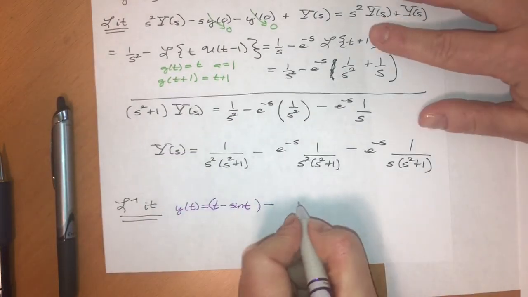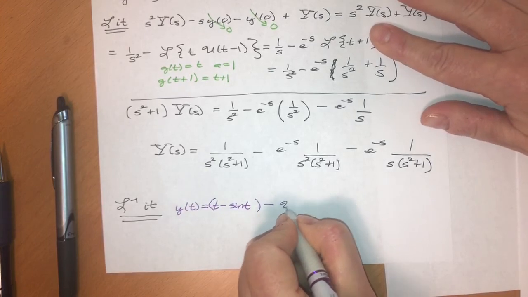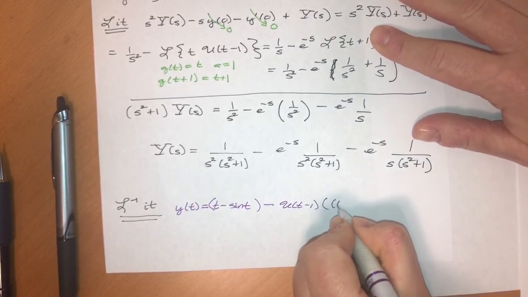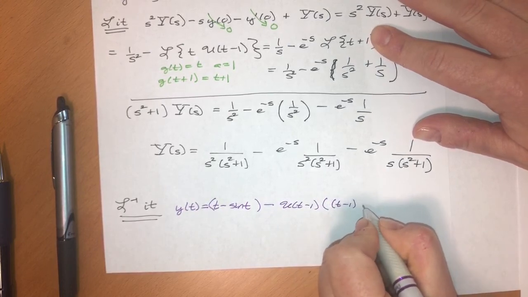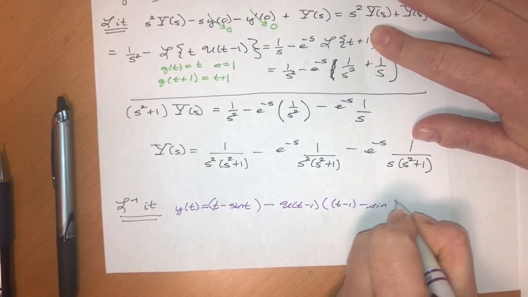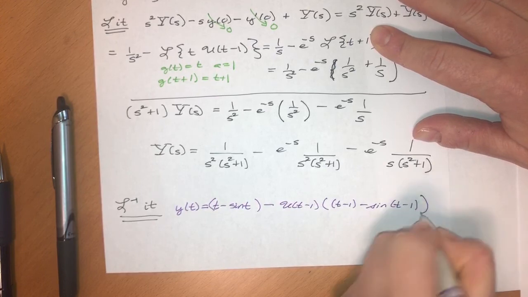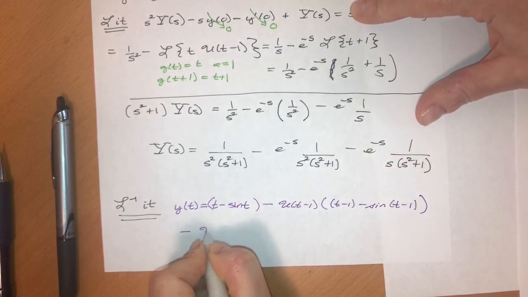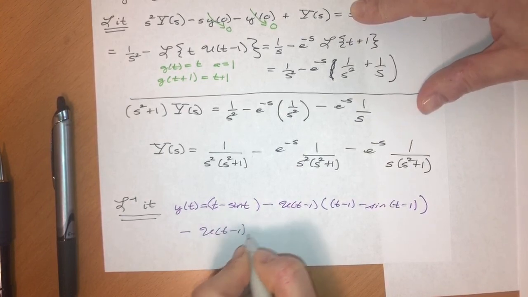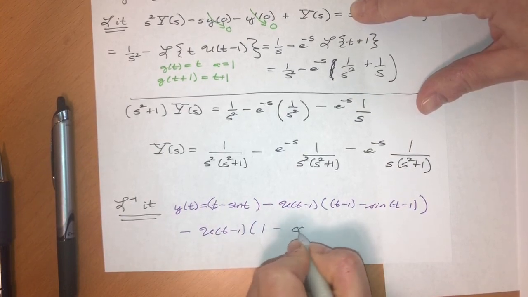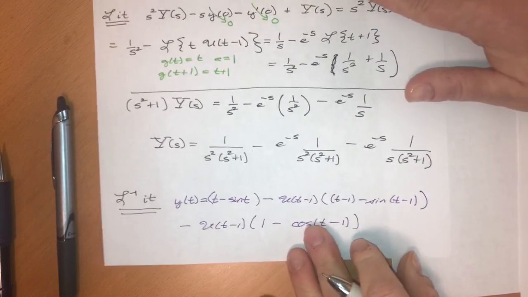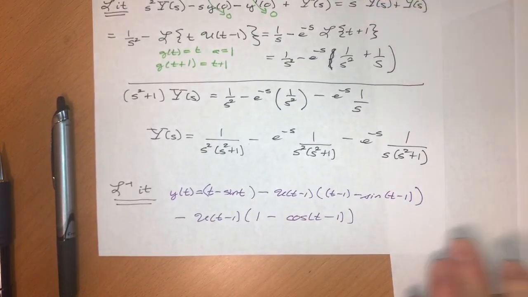Let's stick that off to the side there. And then the third part. And yeah, you could simplify that a little bit more, but it's fine. It's also fine the way it is. Yay!